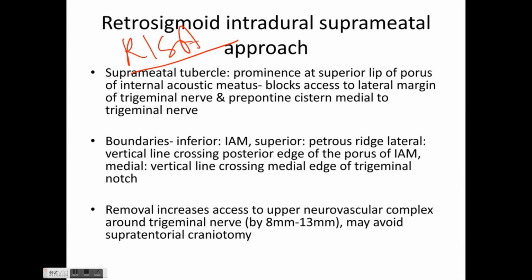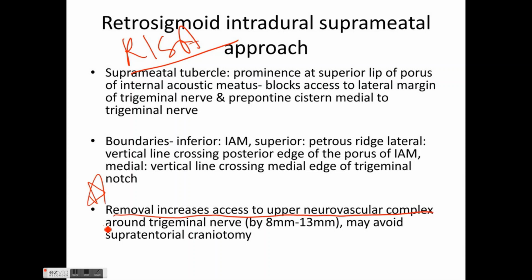Its boundaries are: inferiorly, the internal auditory meatus; superiorly, the petrous ridge; laterally, the vertical line crossing the posterior edge of porus of the internal acoustic meatus; and medially, the vertical line crossing the medial edge of the trigeminal notch. It's very important to note that its removal increases the access to the upper neurovascular complex around the trigeminal nerve by 8 mm to 13 mm.